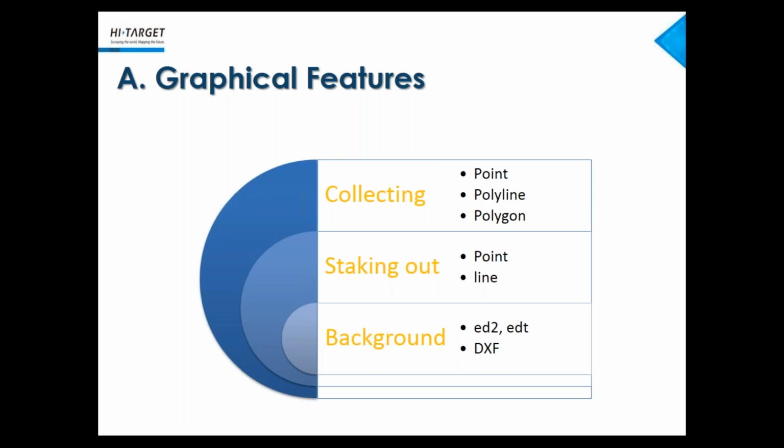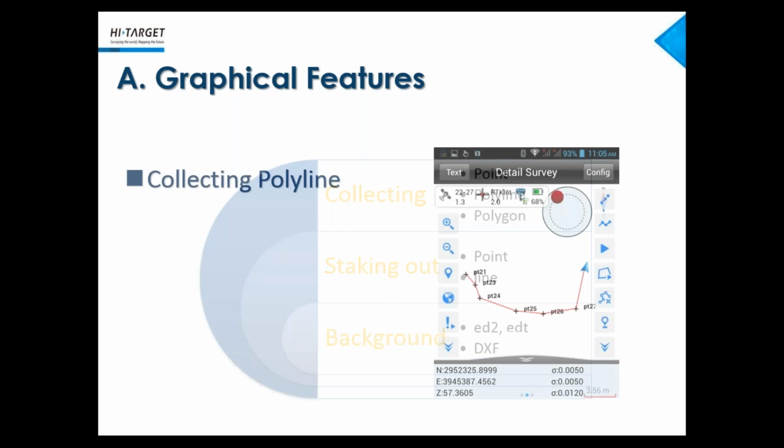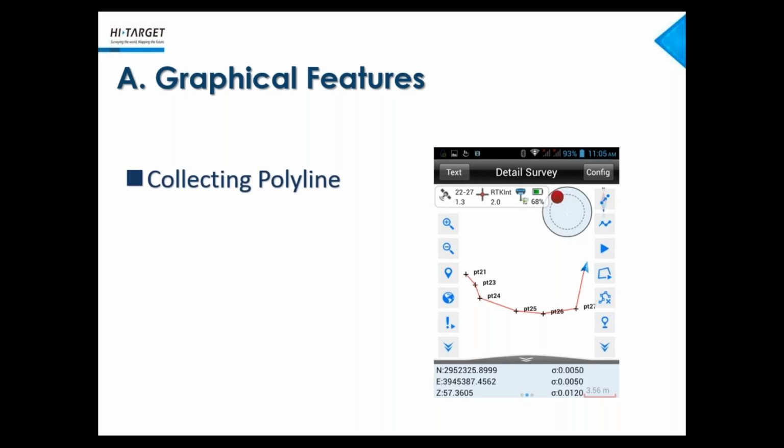So I'll go with the collecting part. I think everybody knows how to collect the points, so let's skip that and continue with collecting a polyline. In the details of this screen, you may find there are two bars on each side of the screen. We can find this icon on the right side.